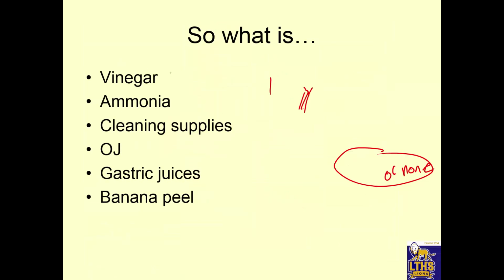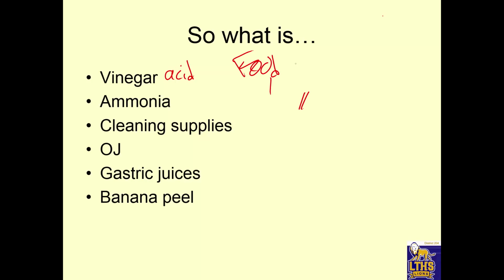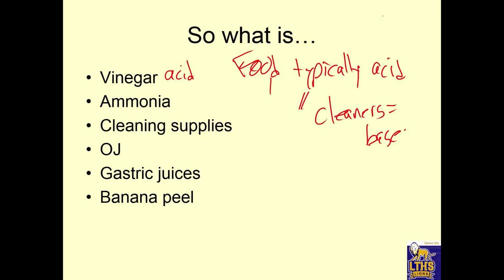So what is vinegar? We talked about how vinegar is an acid. And something that helps is food is typically an acid, if you have to try and identify it. And cleaners are often bases. That's because cleaning things dissolve organic matter, and organic is like living things, which cause most of the funky, disgusting things in the world.